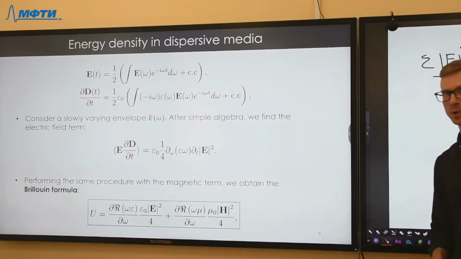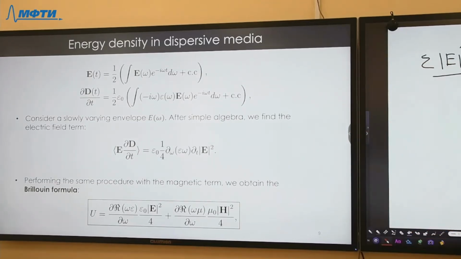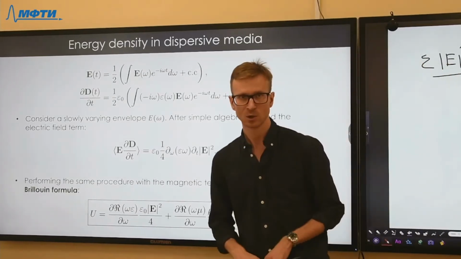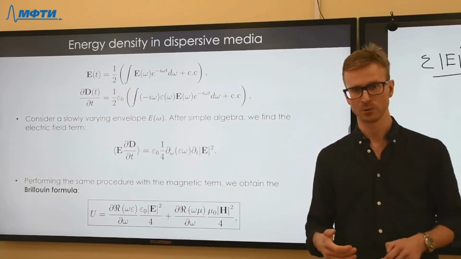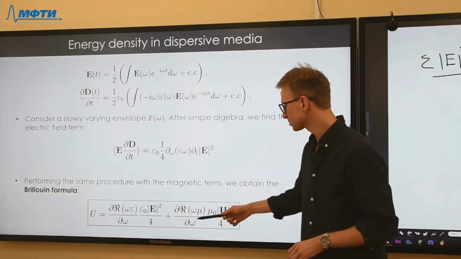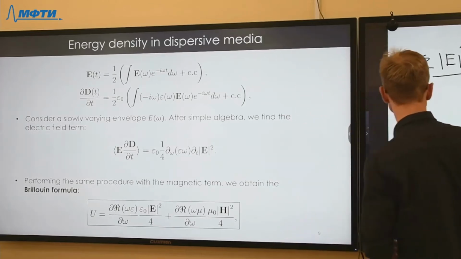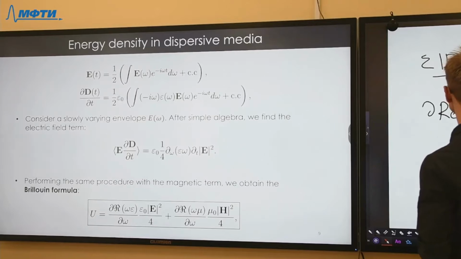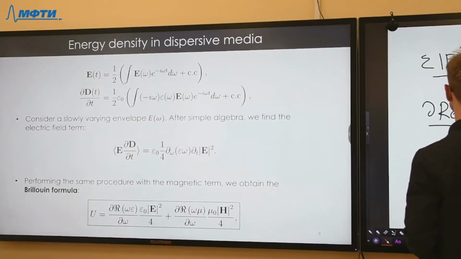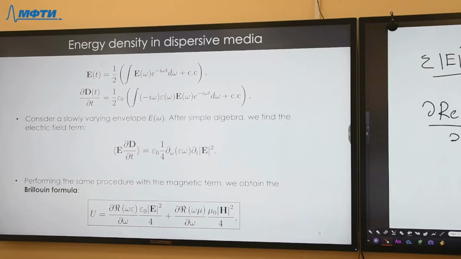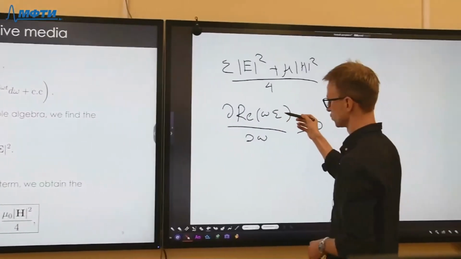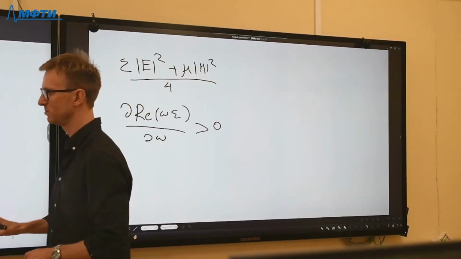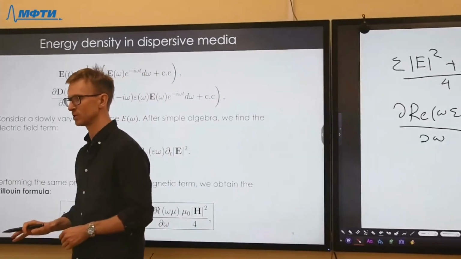If you want to check whether a certain permittivity or permeability, for example some model that you obtain from analytical derivations or from experiment, is physical or not, you can check if these two criteria hold: the derivative of the real part of omega epsilon over d omega greater than 0, and the same is true for mu. Of course, this holds only away from the resonances, because close to the resonances, the media aren't weakly dispersive, they are strongly dispersive.